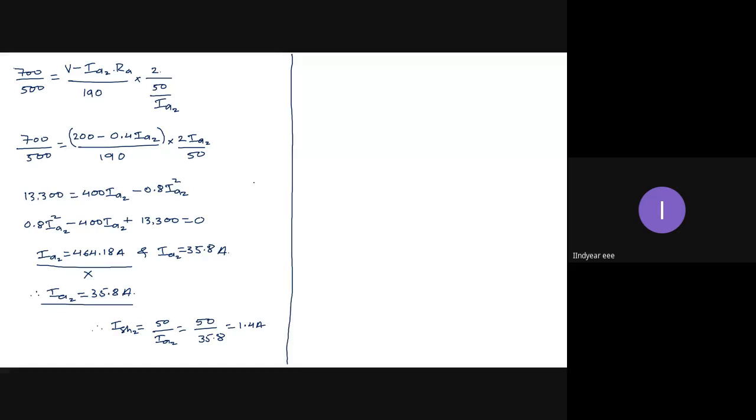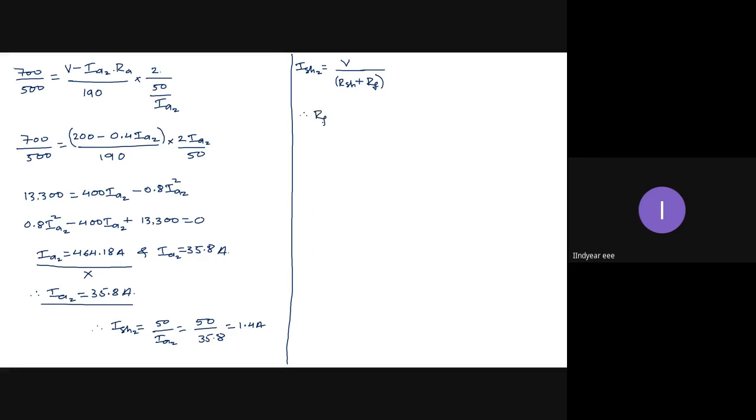So ISH2, I can write it as V divided by RSH plus RF, because in the second case, a resistance is added in the circuit. So I know ISH2, I know V, I know RSH. I can find out RF.